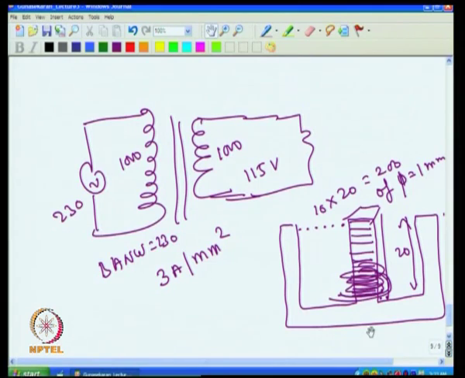So, all along the same formulas will be used, and as an analog circuit designer, in fact as an electronic engineer, it is a must that one should know how to design a transformer, otherwise you will not become a good electronic designer. The reason is that you will be using it at very many places, and it will be like your half the hand is cut if you do not know how to design the transformer. That is why I have spent this much time explaining how to design the transformer.